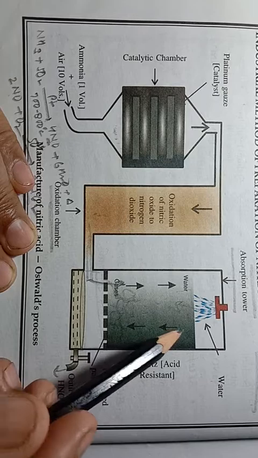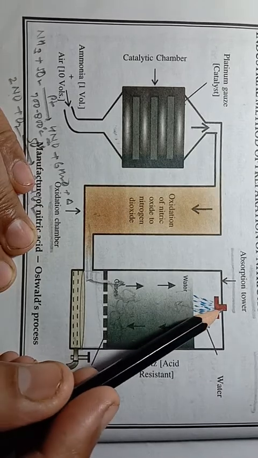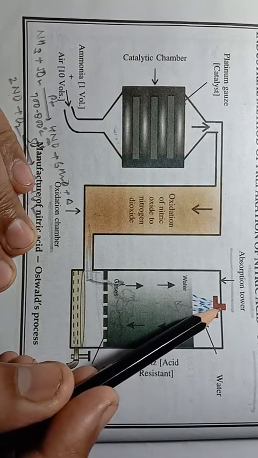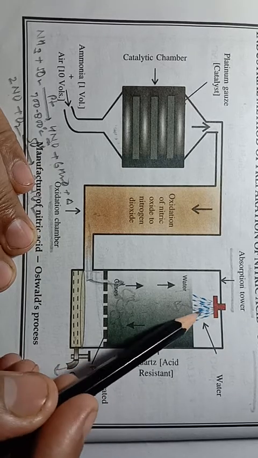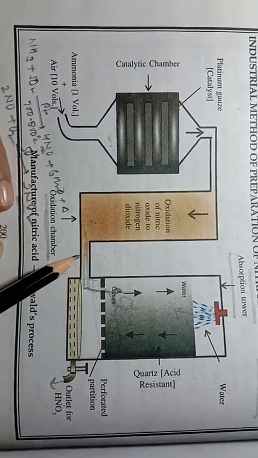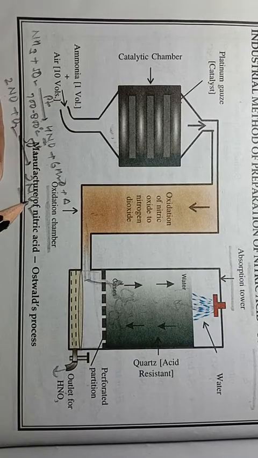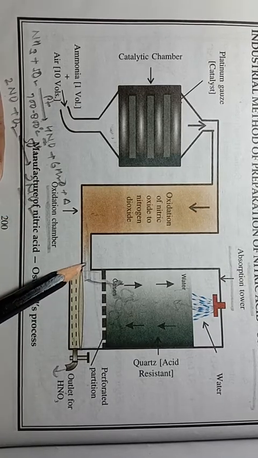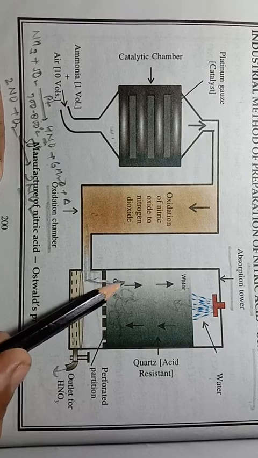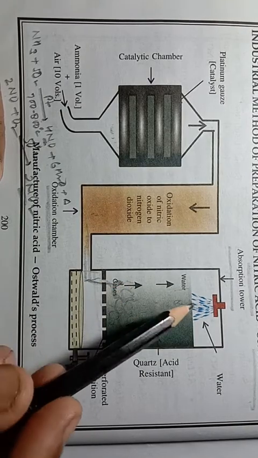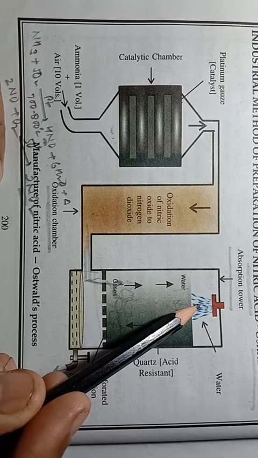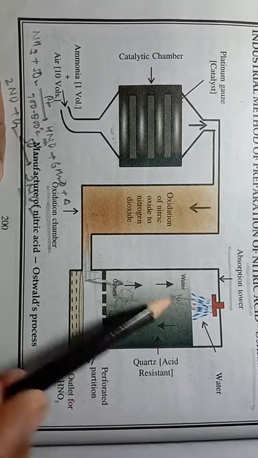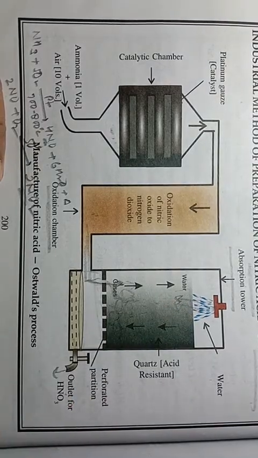Okay students, from the upper side of the tower water is coming in this way, and NO2 and related gases are moving from here towards the upward side. So the gases get dissolved in water, which is coming downward.